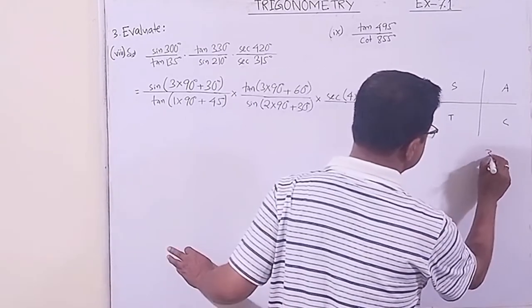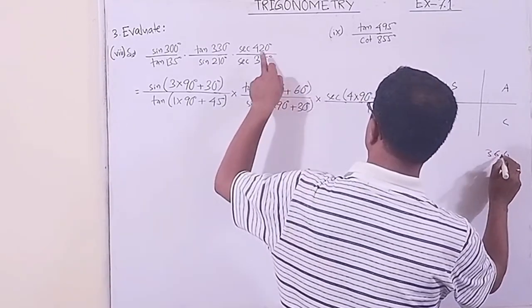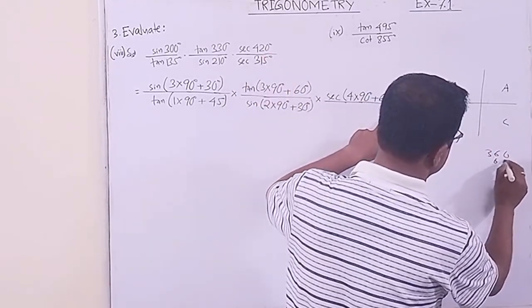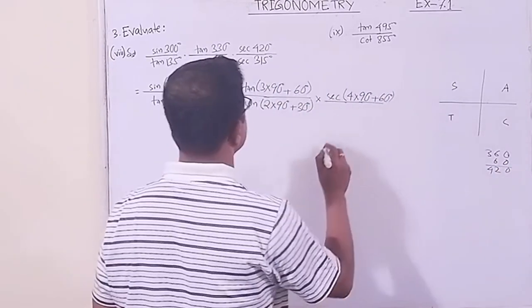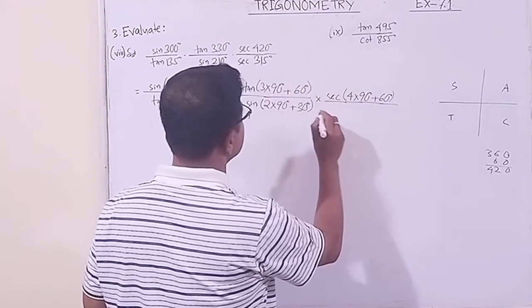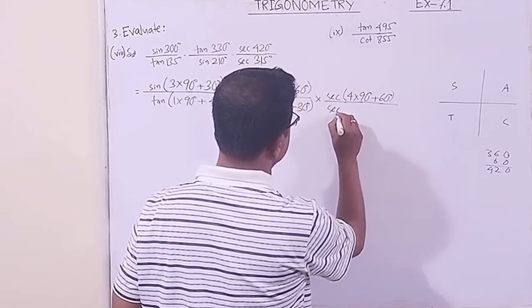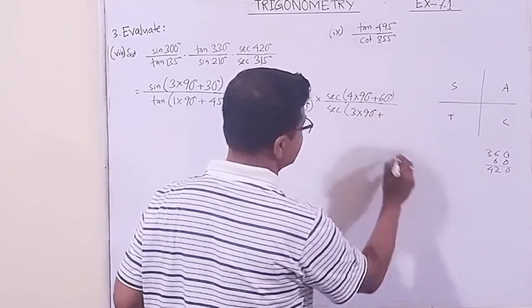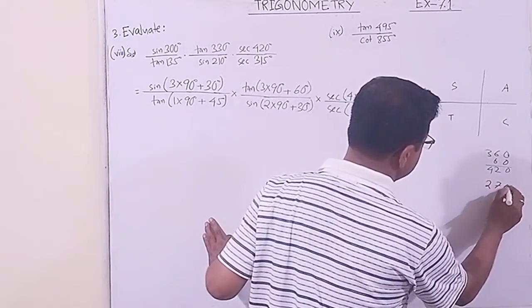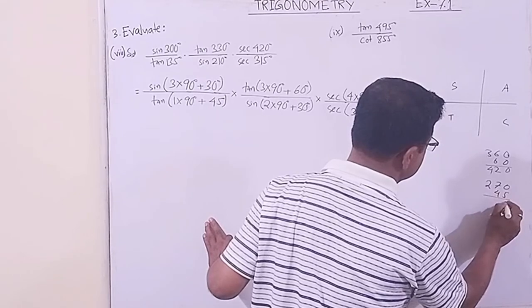You see 360, and we have to get 420, 360 plus 60, right. Okay, then sec of 315 degree: 3 into 90, 270, plus 45, is it not?